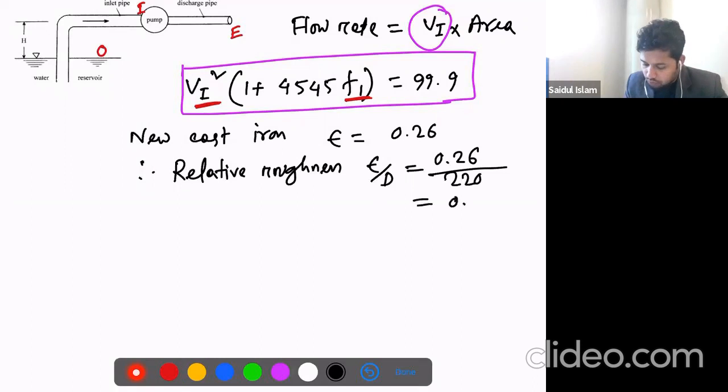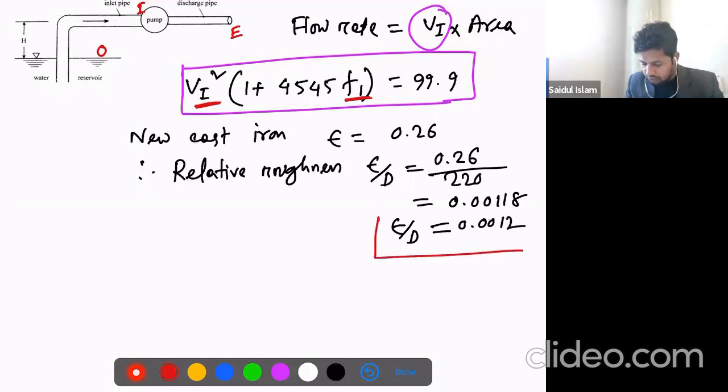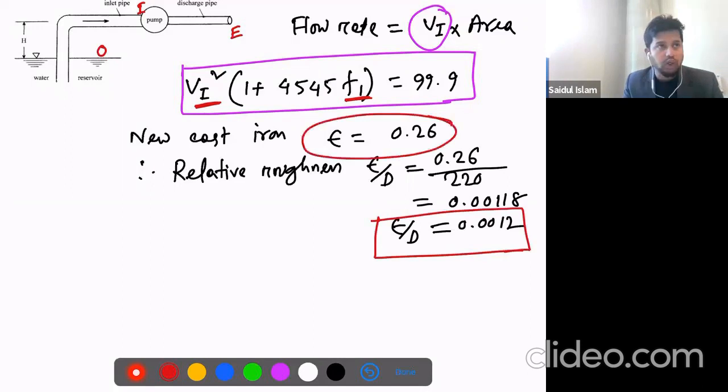So this value we will get is 0.00118 maybe something, or you can say 0.0012 epsilon over d. This we got from the tables I showed you earlier, and this is the diameter of the inlet pipe.